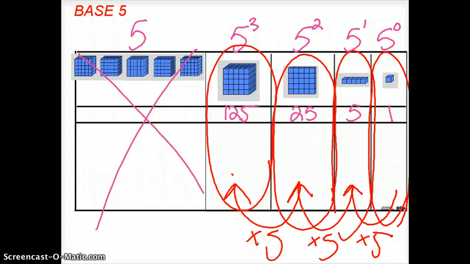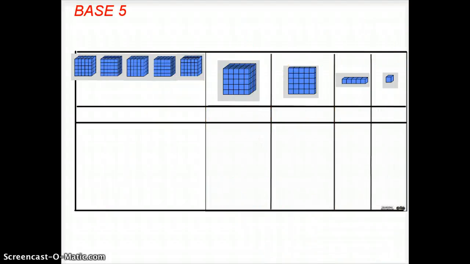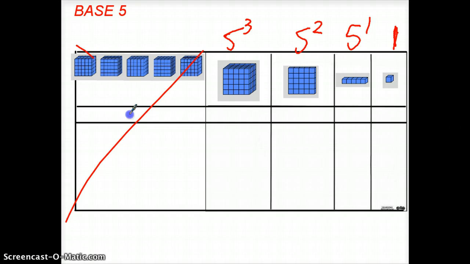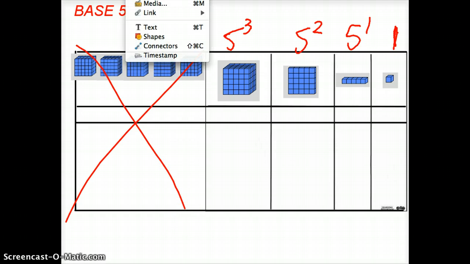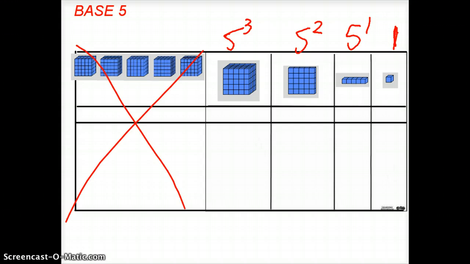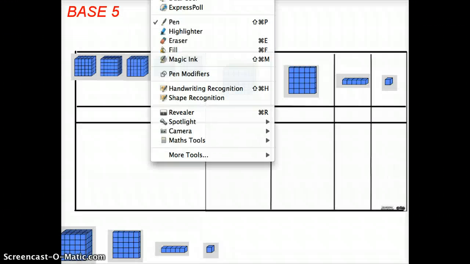What we would do then is actually play that same game that we did with base 10, but now with base 5. 5 to the 1st, 5 to the 2nd, 5 to the 3rd. We're not going to get to this in that game. So what students would do would be to, let's actually move to this one so I can grab those cubes.